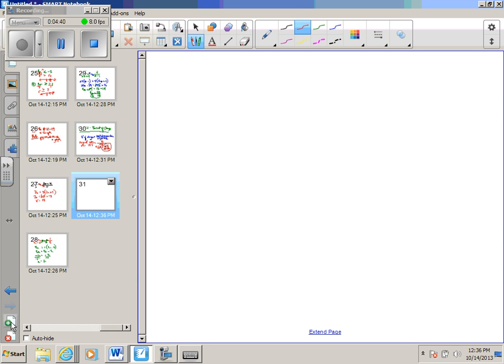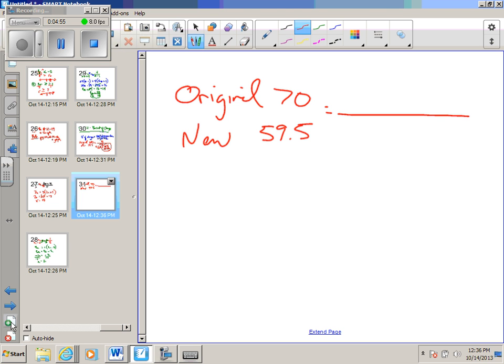Try another one. So let's say the original is 70. And let's say the new is 59.5. So if you don't know the difference, you're getting smaller this time. You may take your handy calculator, punch in your 70, take away 59.5, and what is the amount of change? 10.5.